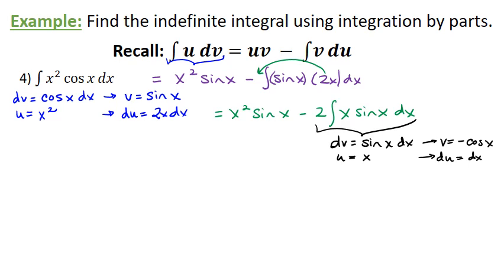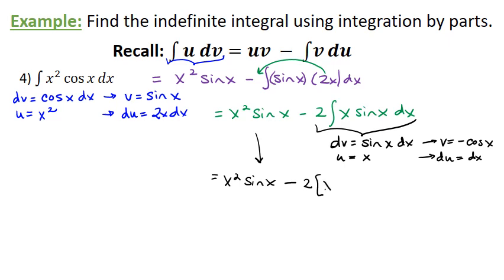All right, so this first part just stays as is. So let's just focus on this little piece right here. So we have x squared sine of x minus this by applying integration by parts. So integration by parts, I'm going to have this.